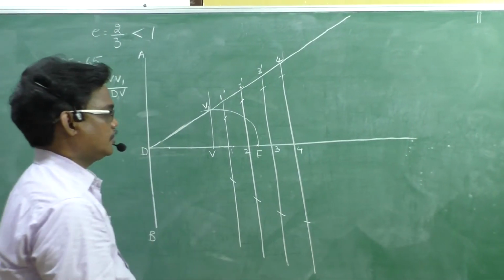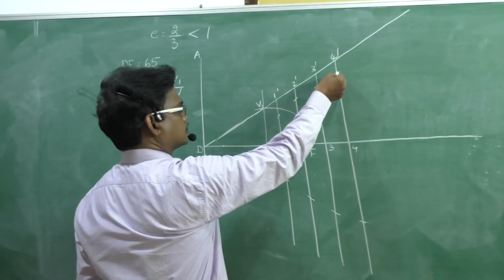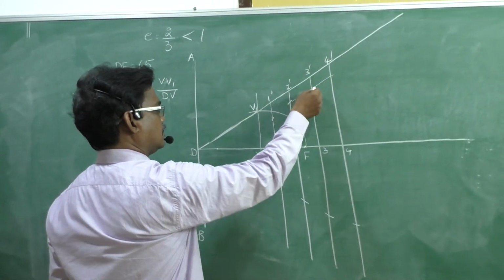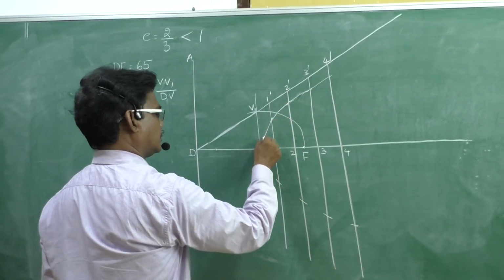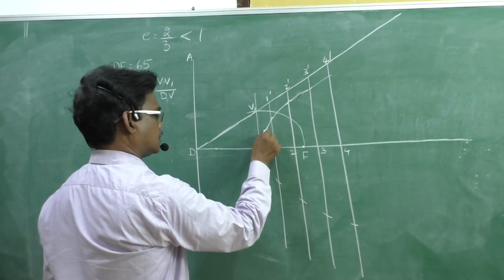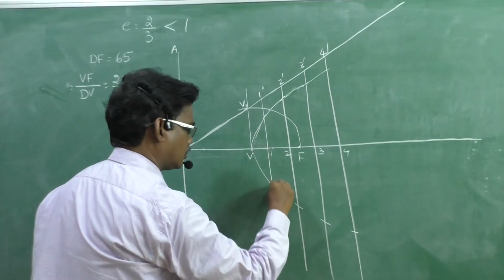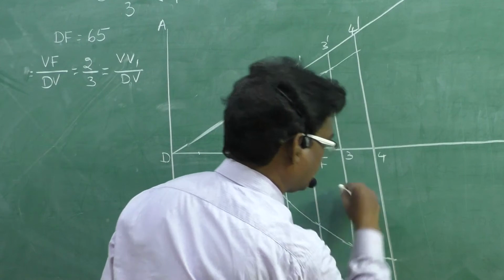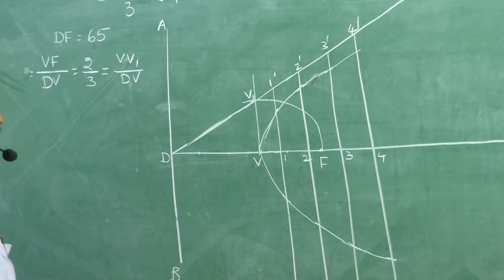Now if you draw a smooth curve through this, the curve will be an open curve here, but we know the ellipse is a closed curve. Where will it close? It closes at the other end of the major axis.